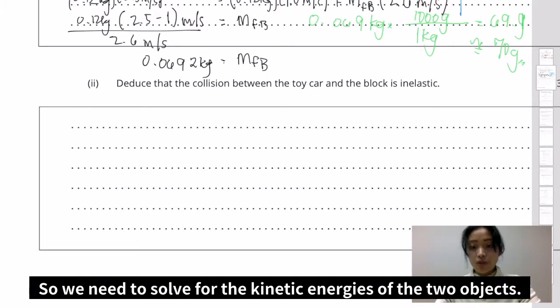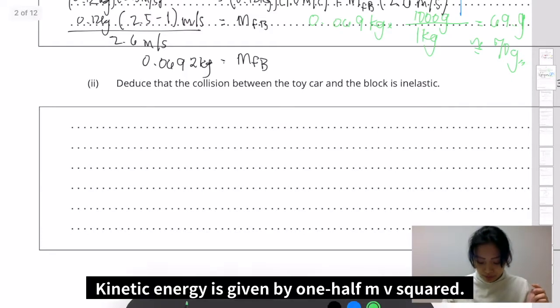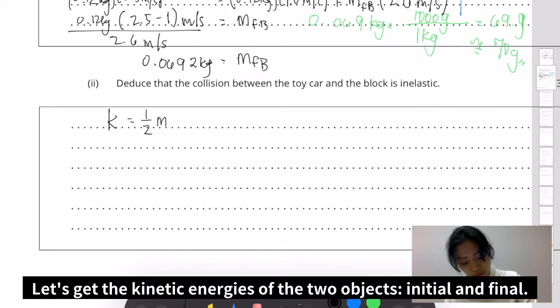So we need to solve for the kinetic energies of the two bodies. Kinetic energy is defined by 1/2 mv squared.